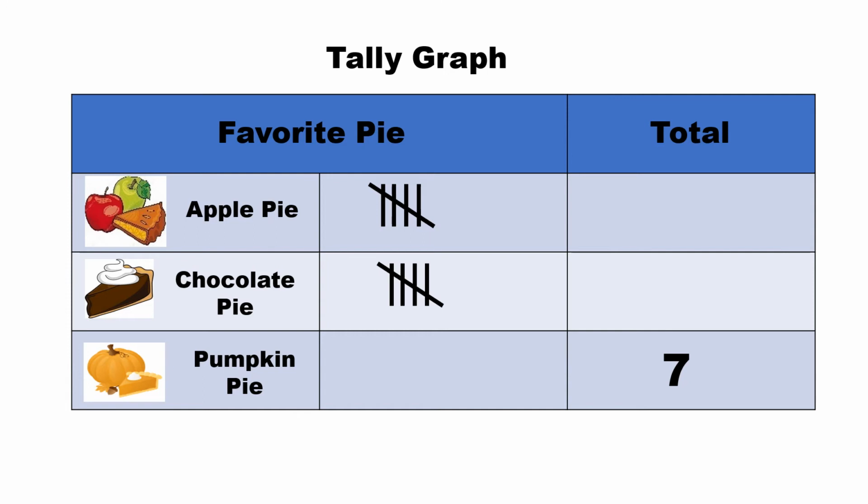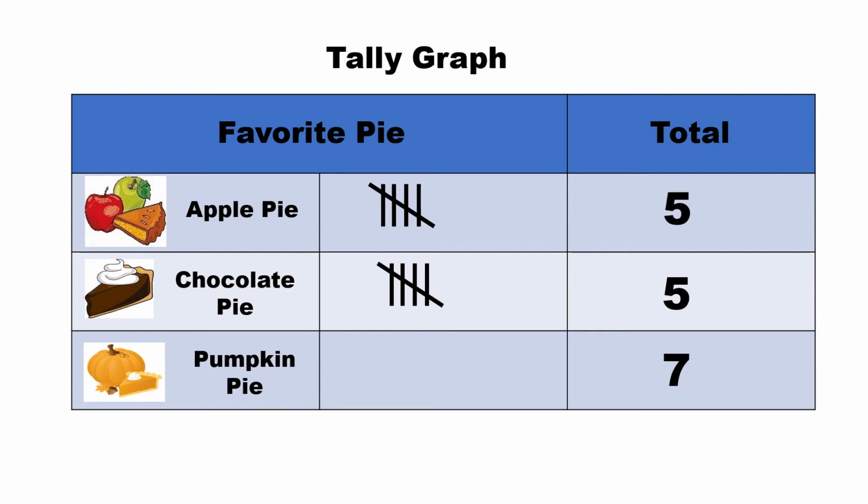So if you look at our chart now, we've got 2 groups that have tally marks and 1 that we've used a numeral in it. Well, we can fill in the rest of the chart with numbers and tally marks to finish it off. So apple pie, how many were there? 5. Chocolate pie, how many? 5.